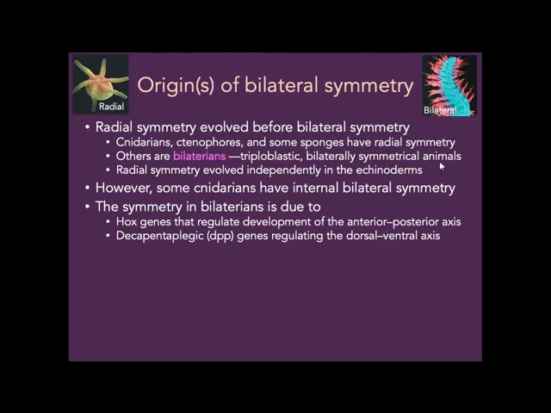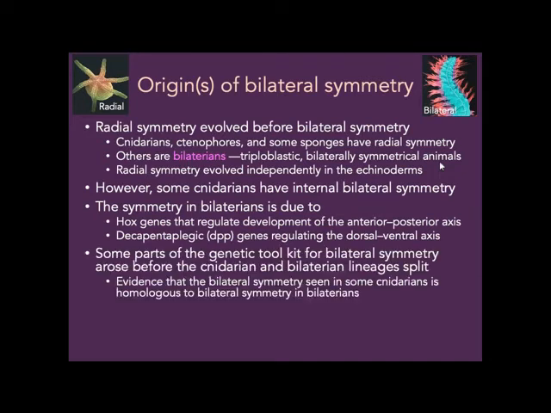Okay? There's a second kind of gene, I can never pronounce this correctly, the decapentaplegic genes, DPP genes, that regulate the dorsal-ventral axis. That means those genes regulate which part is going to become the back and which part is going to become the belly. Okay? So the symmetry in bilaterians is due to the action of the Hox genes giving them a head end and a butt end, and the DPP genes giving them a back side and a front side.